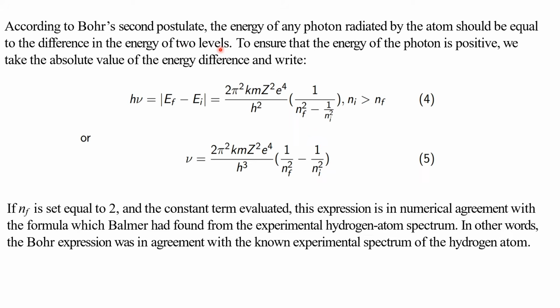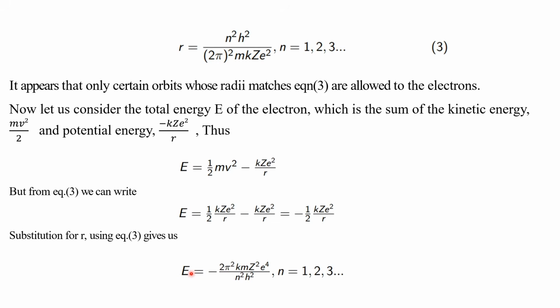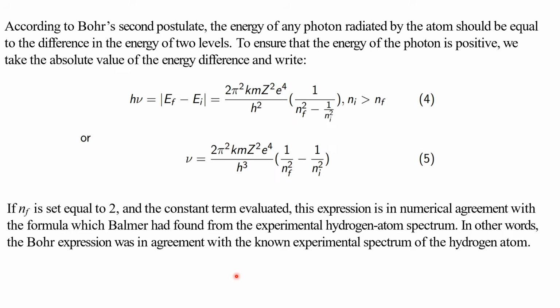So, delta E we have already seen, delta E is h nu. If we substitute the value here, suppose EF is your NF and EI is NI, we arrive at this expression.